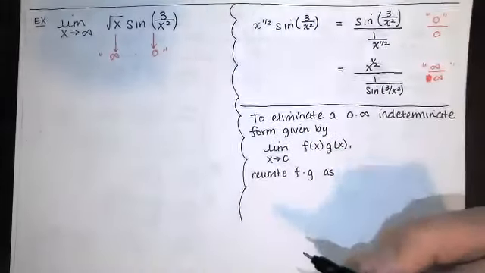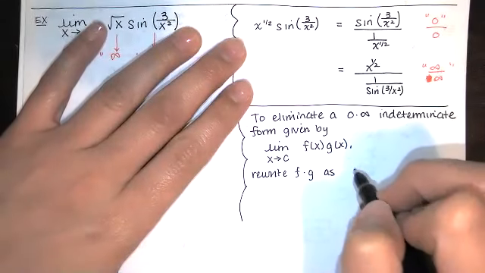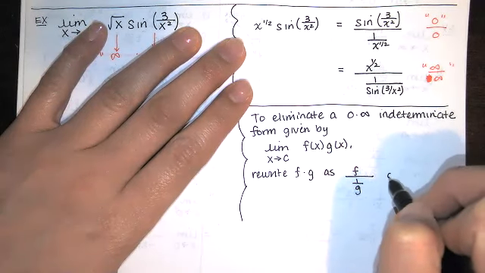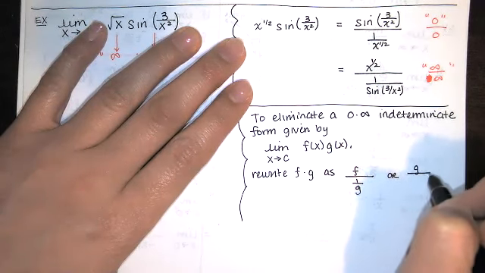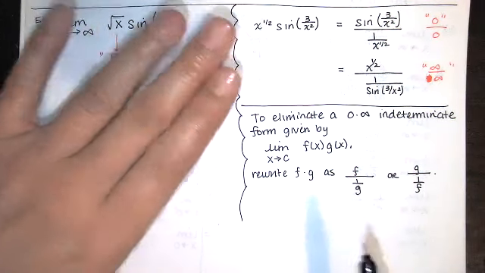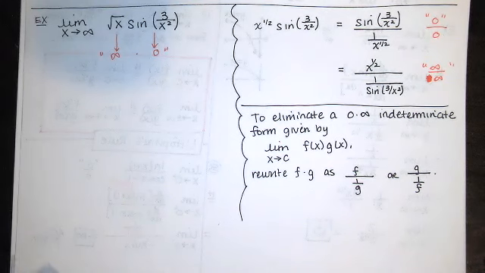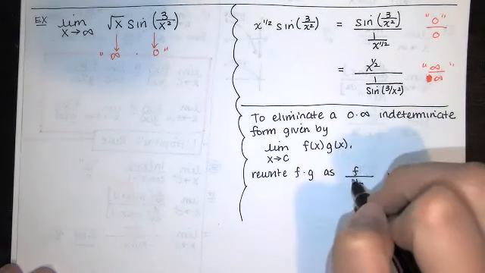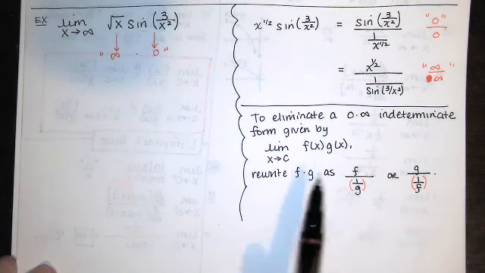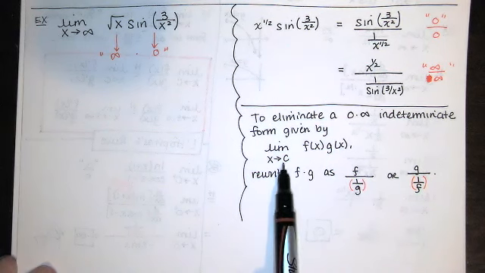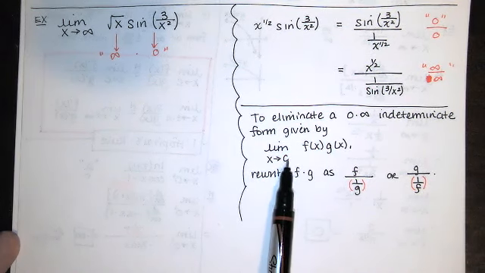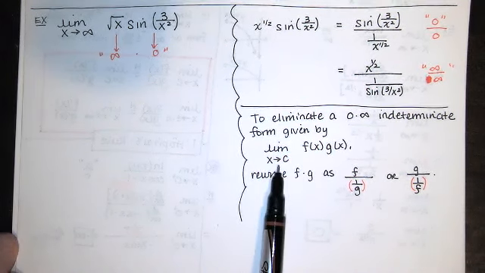You're either going to rewrite f times g as f divided by 1 over g, or g divided by 1 over f. One of those will be 0 over 0, the other one will be infinity over infinity. And that's the way you're thinking of it. You're saying as x approaches c, and c may be plus or minus infinity in this notation. So c might be finite, c may not be finite.